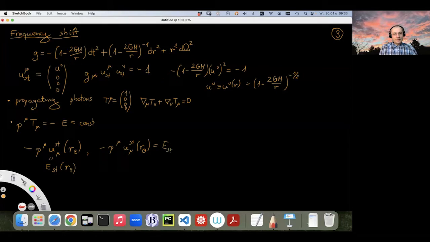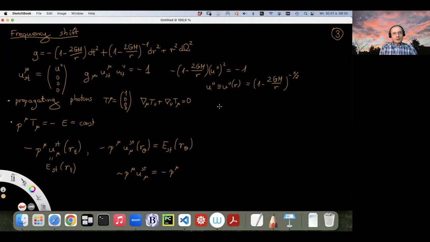And this is again the energy according to the stationary observer at point r_O. So we know that minus p_μ u^μ stationary, that's minus p_μ.